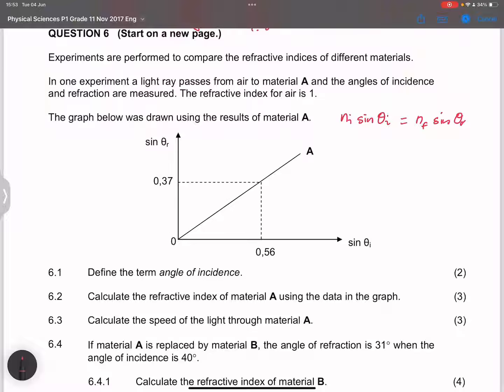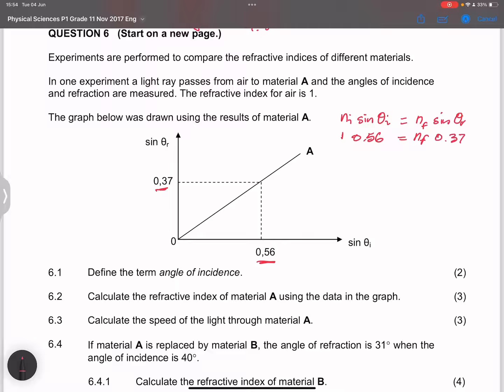Okay, so in this case, we know that our refractive index for air, they said to us, that's 1. And sine of theta i, that's 0.56. Okay, and we want to find out what is the refractive index for the material. Sine of theta r is 0.37.